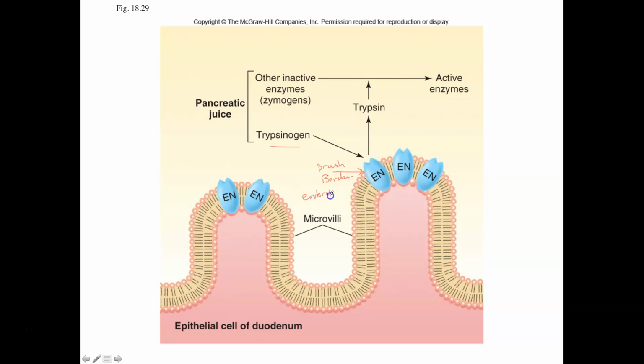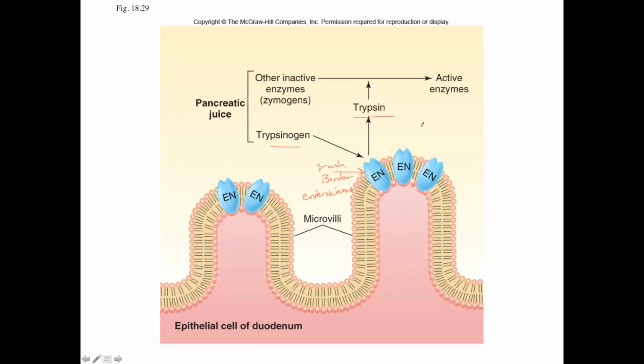And so enterokinase is the activator so that we can produce functional trypsin. And then trypsin acts as an endopeptidase to be able to break down polypeptides and create those smaller fragments that then can be further digested by aminopeptidase and carboxypeptidase.